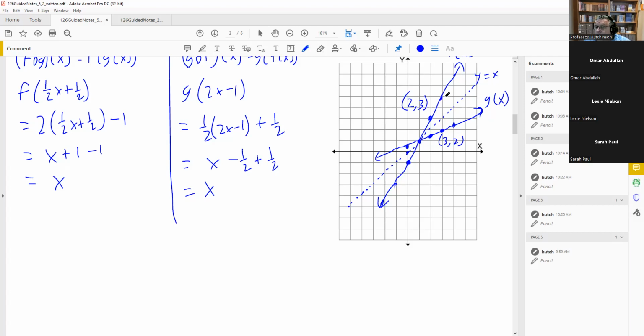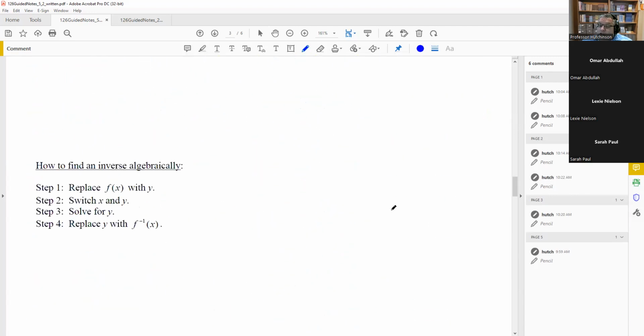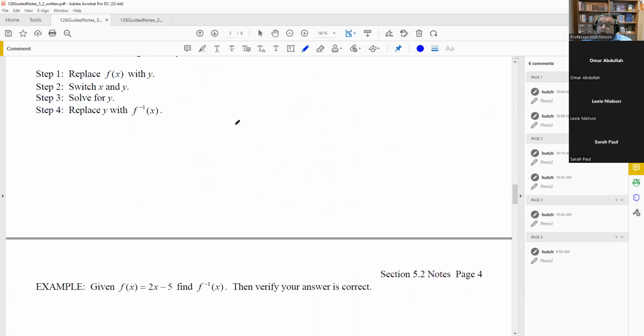So these are the 2 points I wanted to label so you can see them on the graph: 2, 3 and 3, 2. But that's what we mean by switching the x and y. The inverses are switched. That's why algebraically we do that as well.